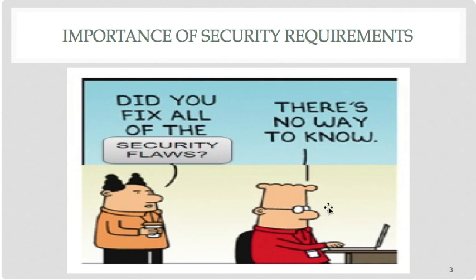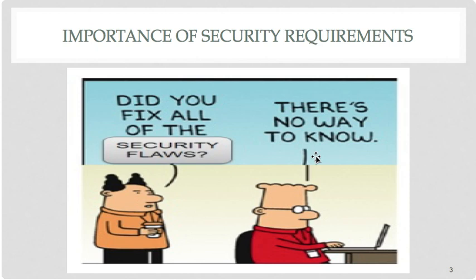If we see this diagram, the manager asks the developer, did you fix the security flaws? And the answer from the developer is straightforward: there is no way to know. And he's absolutely right because they didn't have security requirements.